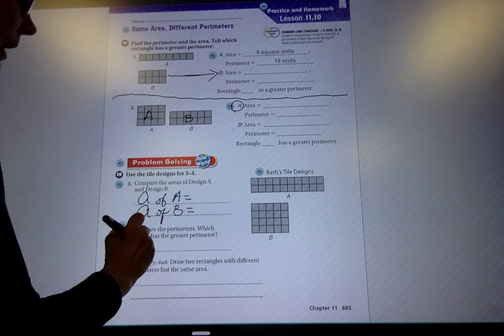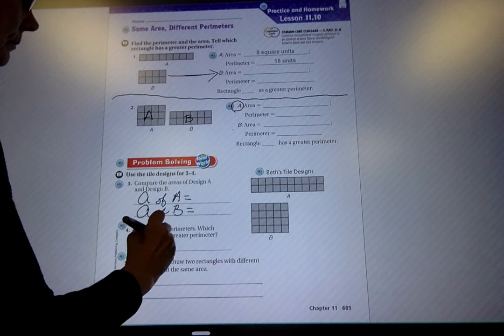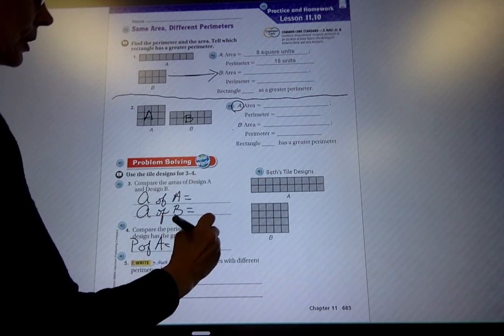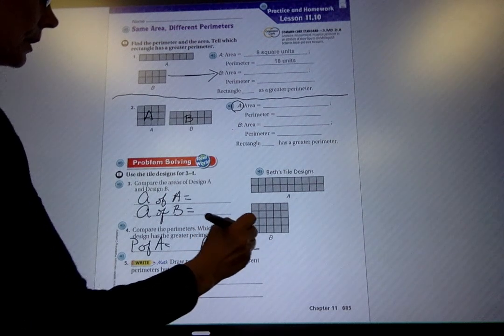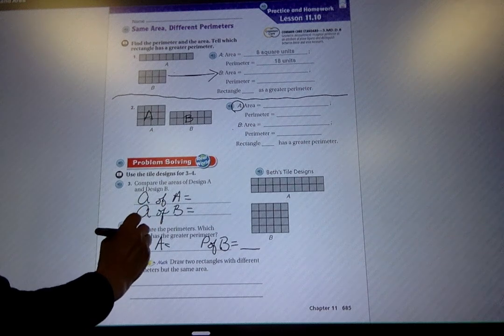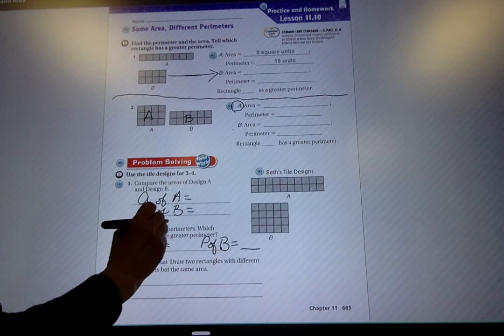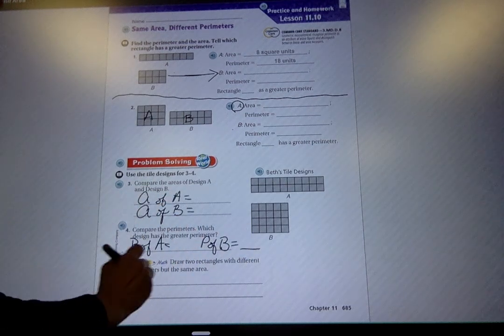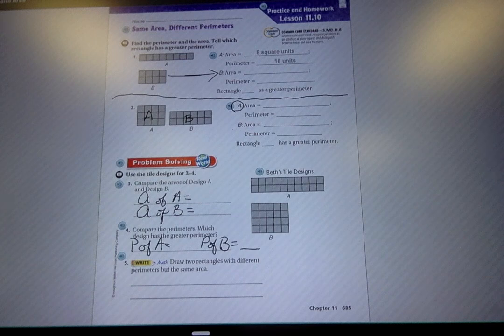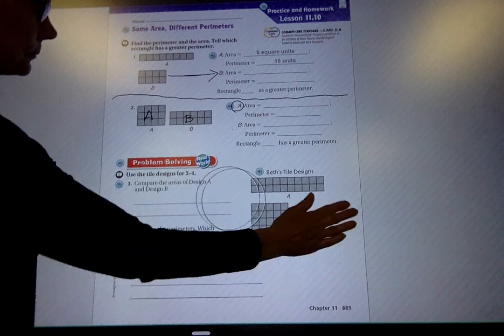Perimeter of A, perimeter of B equals. And then it says which design has the greater perimeter. We're comparing 2 designs, so we use the ER, the greater perimeter. So then you're going to circle A or B. Okay? We're going to go on to page 686.